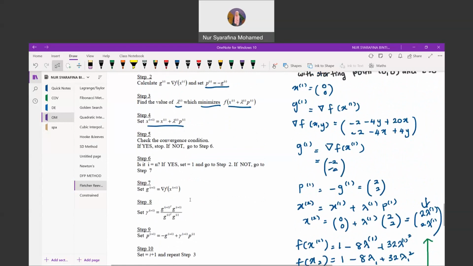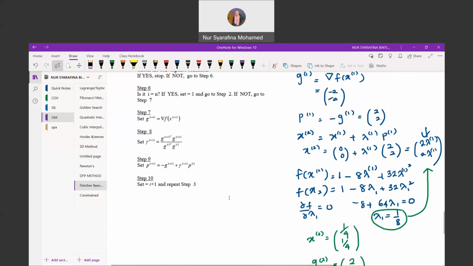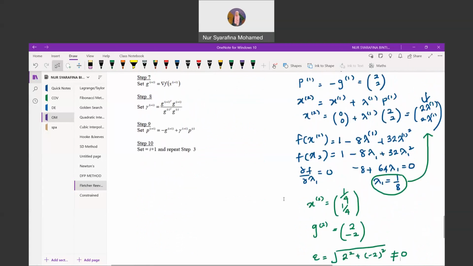So we need to find gamma 2 here, and then we have to find P2. So gamma 2 is equal to G2 transpose times G2 over G1 transpose times G1.